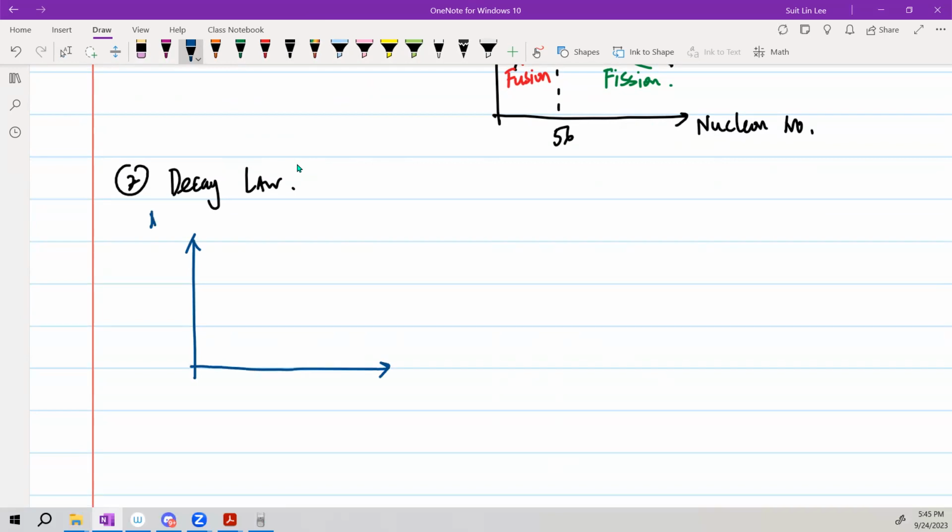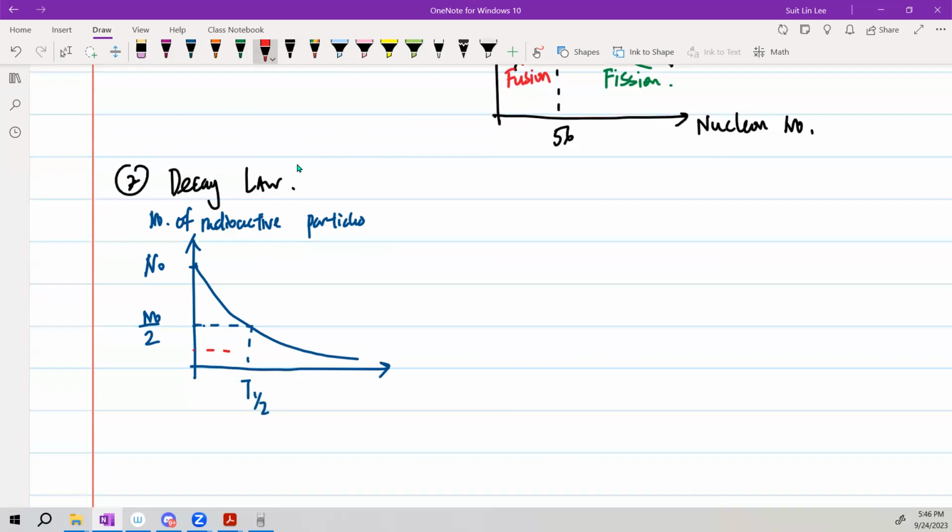So maybe let's say I have the number of radioactive particles in a sample. Let's say I start with N naught. You know already that if it becomes N naught over 2, this is one half-life.